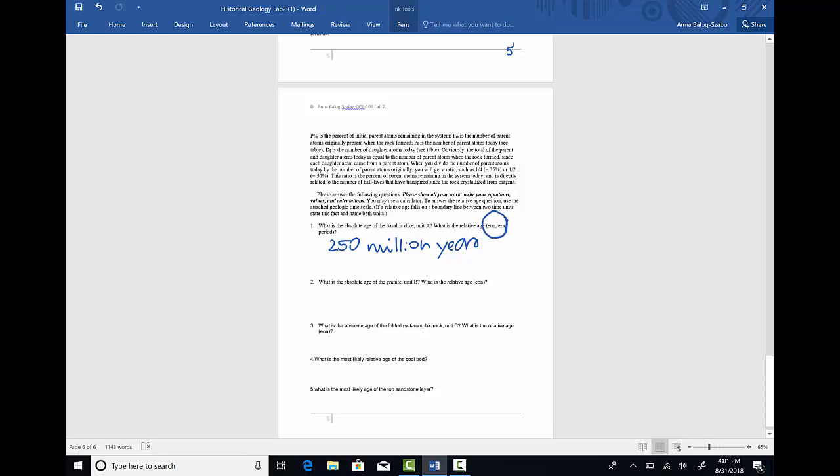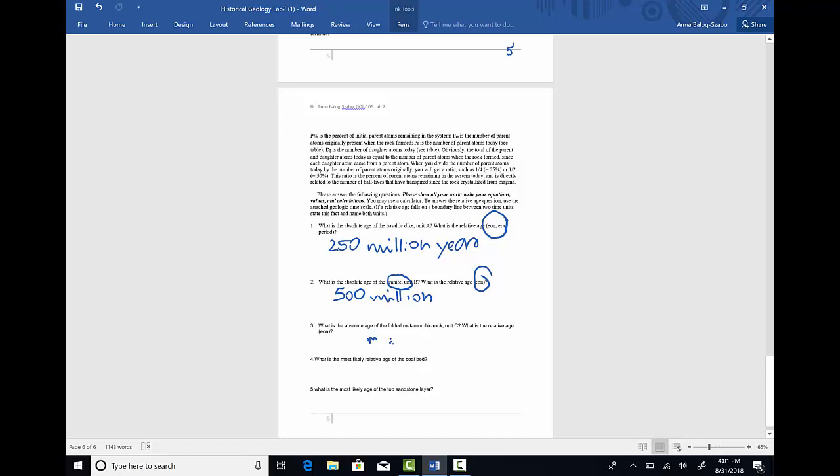So just bring up a geologic timeline, which has the ages on it, and you can figure that out. And then you can also answer the Unit B, that's the 500 million. You can look up the relative age by looking up the geologic times table, and then you calculate the age of the metamorphic rock.